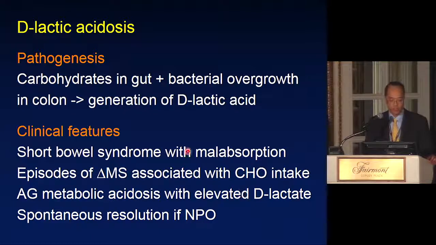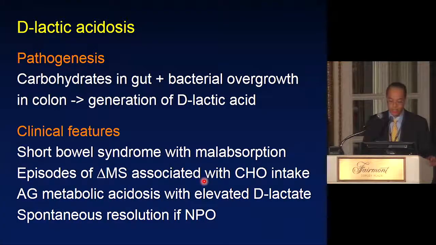D-lactic acidosis, as I mentioned before, is generated by bacterial overgrowth in the gut, primarily in the colon, and it occurs because carbohydrates that are ingested take a short track and go into the colon. So that occurs in patients that have some sort of short bowel syndrome. They present with neurologic symptoms, such as altered mental status, and when they come into hospital, they will be seen to have an anion-gap acidosis, but a conventional lab draw for lactate would appear to be negative.